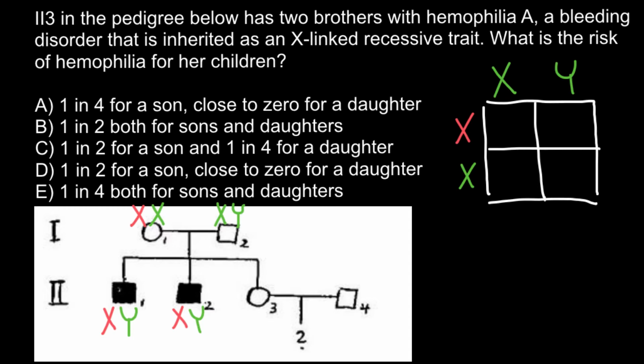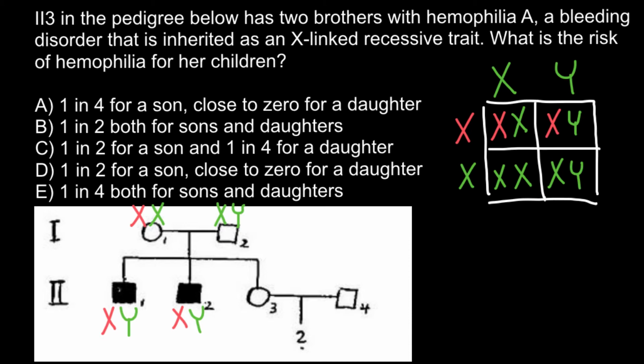So here the defective X chromosome comes from the mother's side, the normal X chromosome comes from the father's side; the normal X chromosome here comes from the mother's side, and the normal X chromosome from the father's side. And the defective X chromosome comes from the mother's side, the normal Y chromosome from the father's side, and the normal X chromosome from the mother's side and the normal Y chromosome from the father's side.